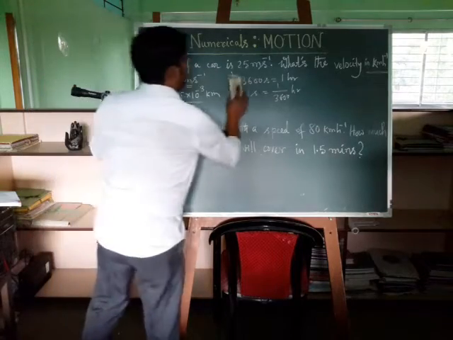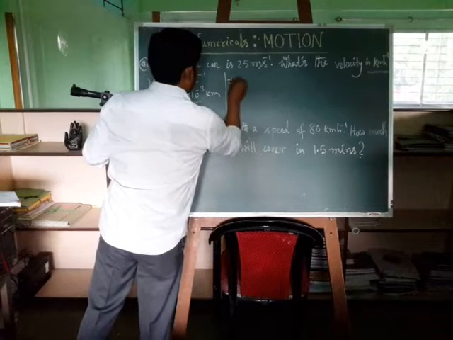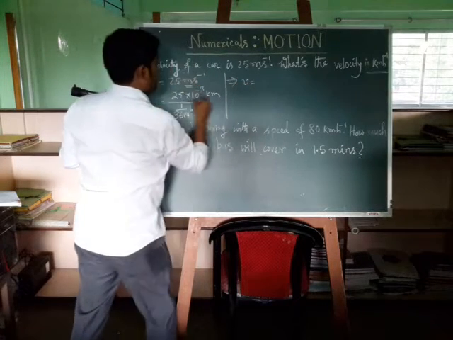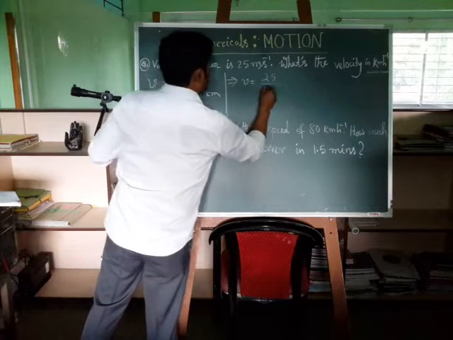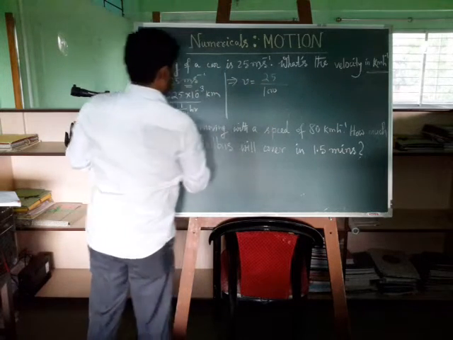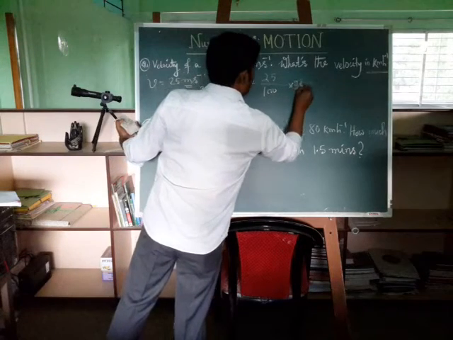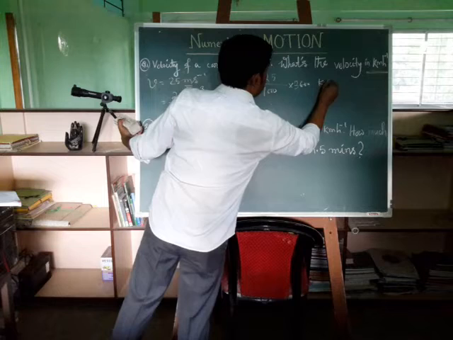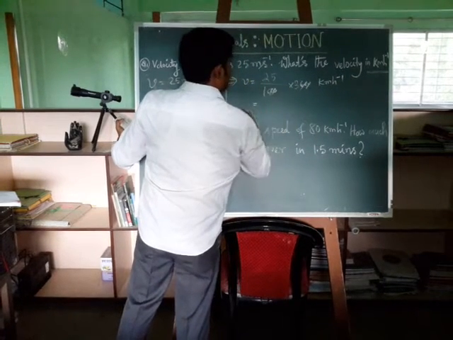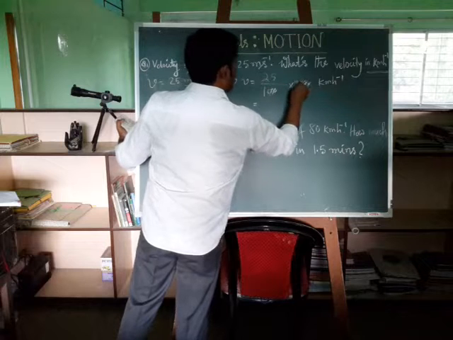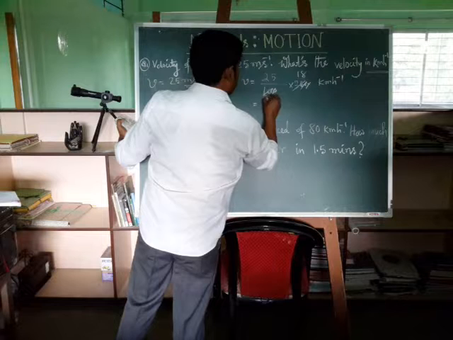So let me rub this part. I need space. So that means the velocity is equal to 25 into 10 to the power minus 3, which means 1 upon 1000, then 1 upon 3600. So this 3600 will be going here, and that is km per hour. And if you solve it, this is going to be 18. If I divide by 2, this is 5.